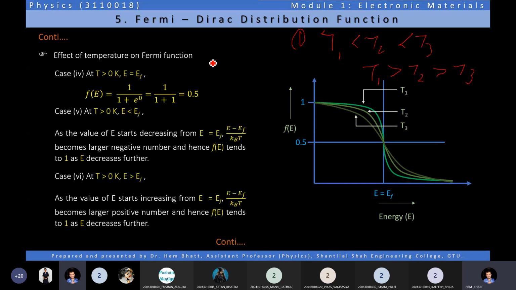Option 1 or option 2? બે માંથી કયું ઓપ્શન સાચું છે? Sir, option 1. Very good. Option 1 is the correct option.